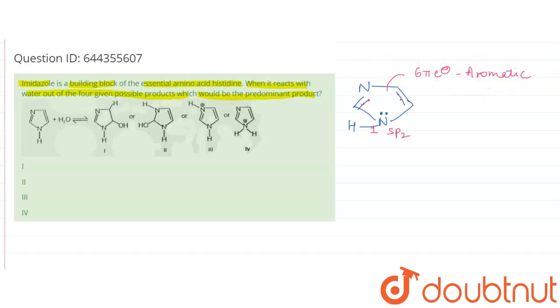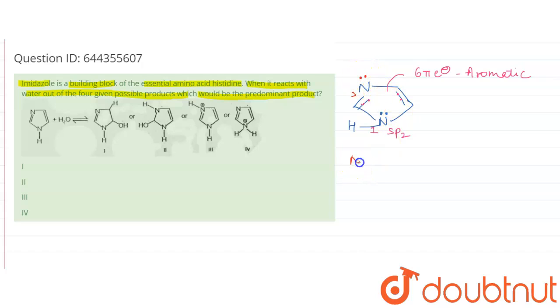And the electrons which are located on this nitrogen, let's say we are naming it 3, these are lying in hybrid orbitals. These lone pairs are not in pure p orbitals, these are lying in sp2 hybrid orbitals.